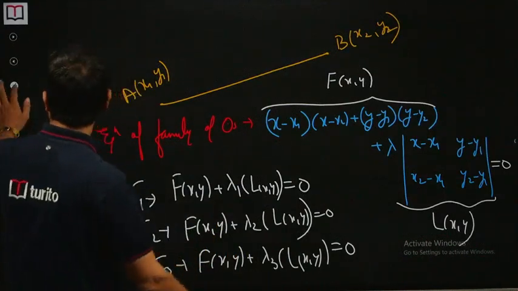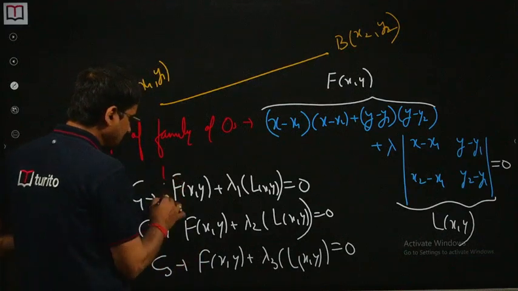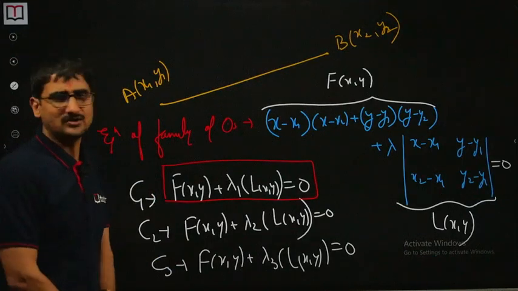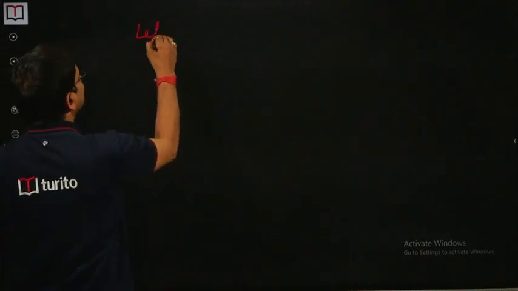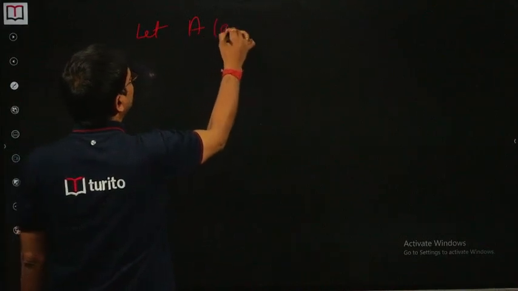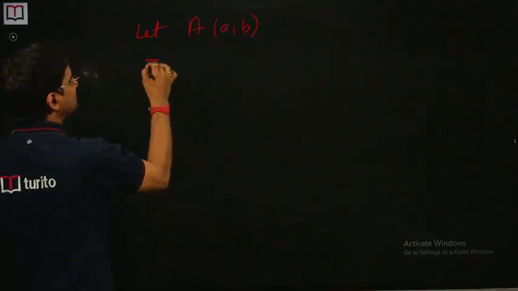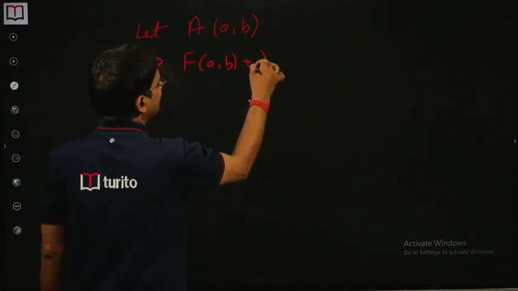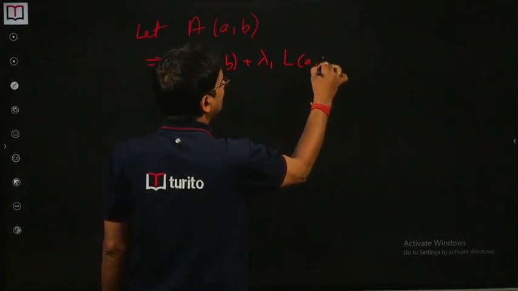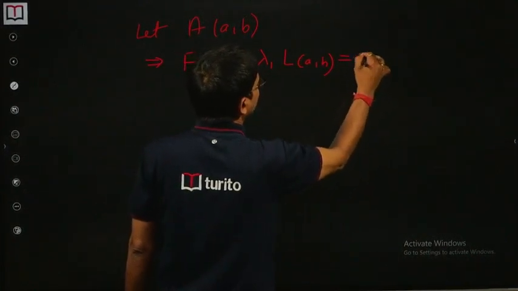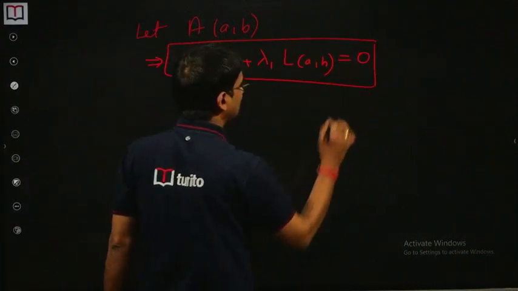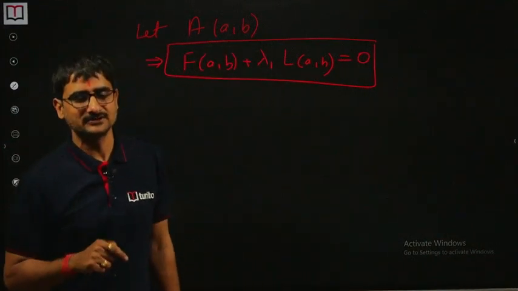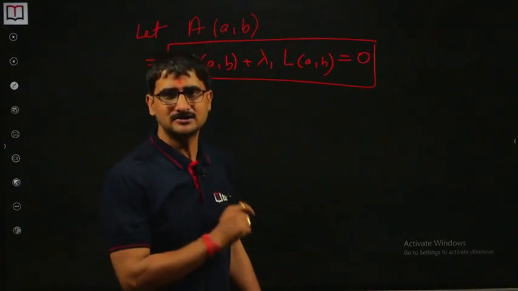Now the question is that from any point on this circle, let the point be A comma B. So that means f(A, B) plus lambda 1 times L(A, B) is equal to 0, because the point is on the circle C1, it should satisfy its equation. So x is to be replaced by the abscissa of the point and y by its ordinate.